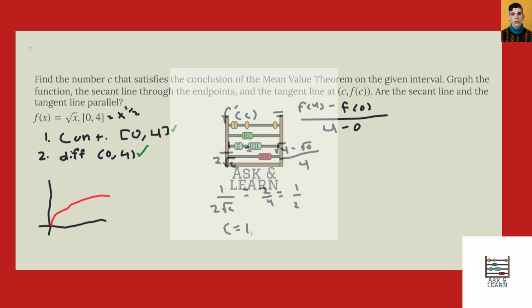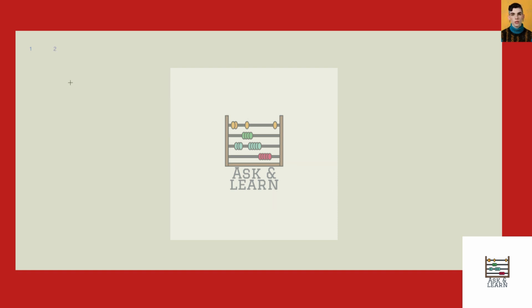And now we are being asked to find the actual equation of the line that is being produced here. So we'll do that on the next page. The way you can do this is through the point slope formula.